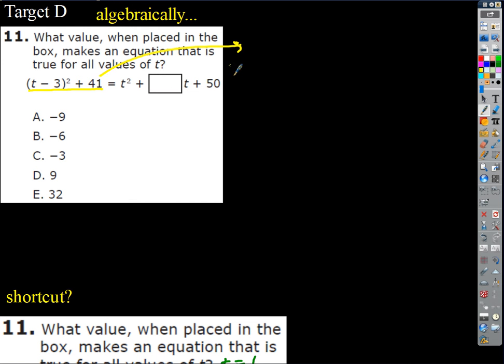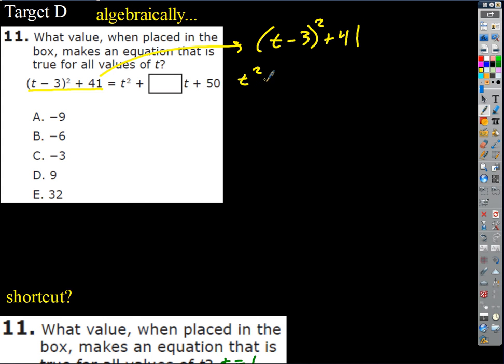So if I do all that, (t minus 3) squared plus 41, I'm just going to simplify using PEMDAS. So the first thing I would do is exponent, right? Have to square that out. What does that work out to be if I expand out (t minus 3) squared? It's an (a plus b) quantity squared issue, isn't it?